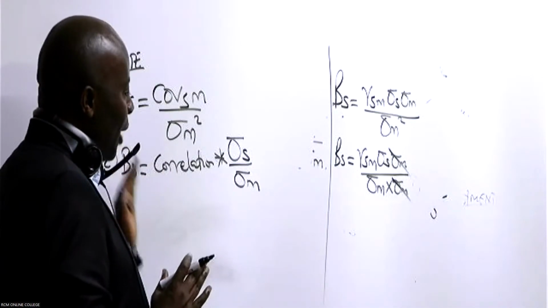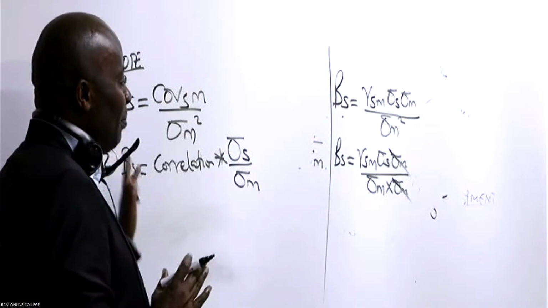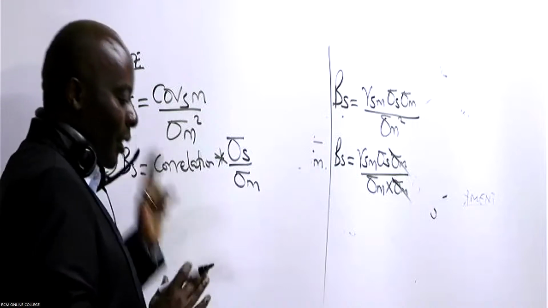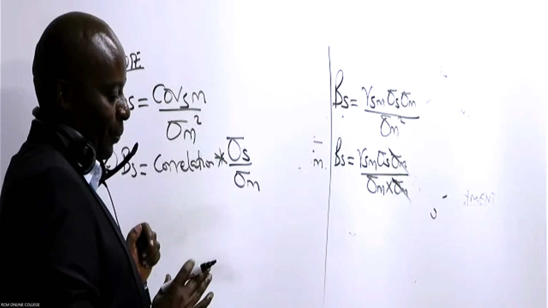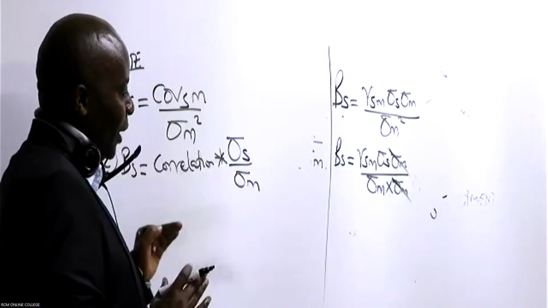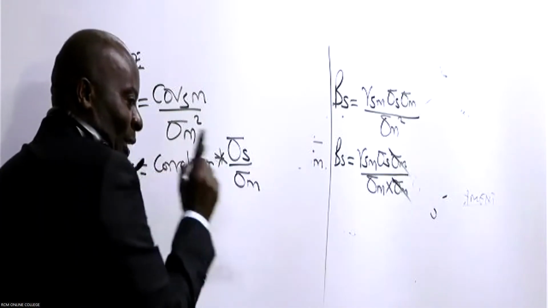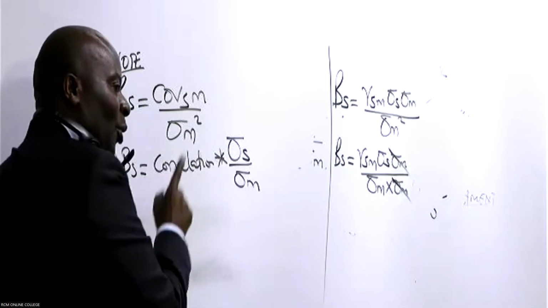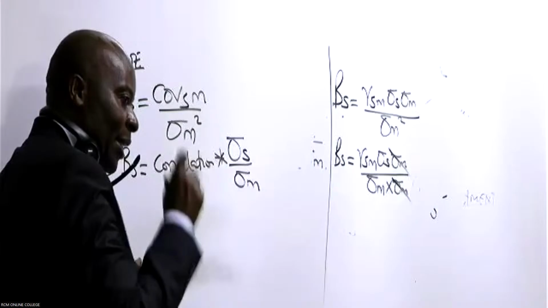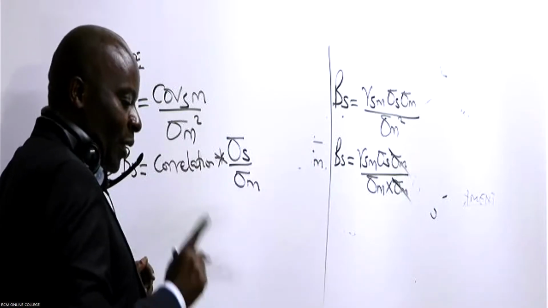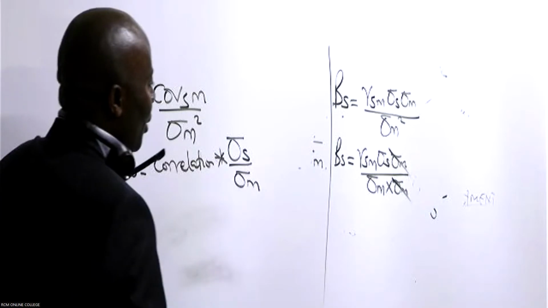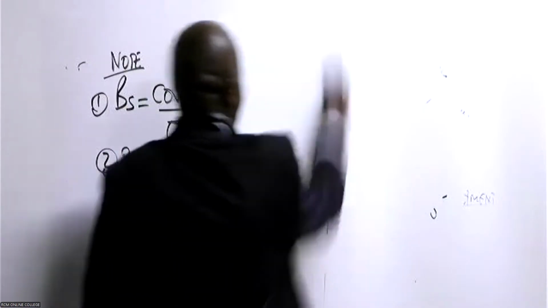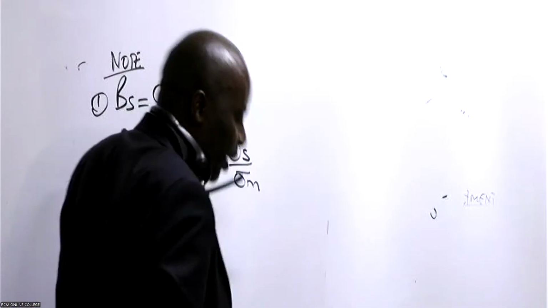So I would want you guys to do me a favor. We get beta first of all for each of those 6 securities. I would want to give you exactly 3 minutes, because they have given us correlation in the question, meaning that you're going to use the correlation approach to get the betas. So how will this look?